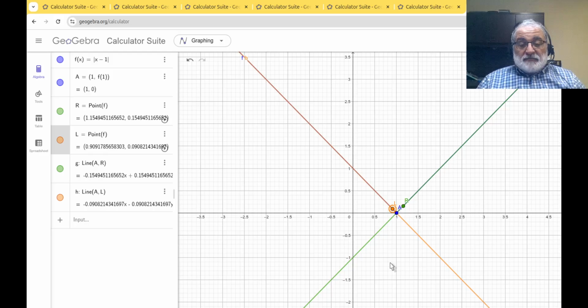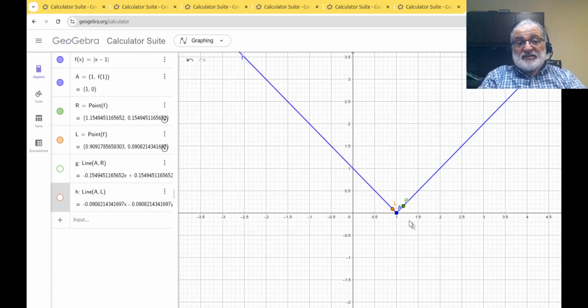The limit doesn't exist because approaching from the left is not the same as approaching from the right. Therefore, the derivative at this point A over there, well, I hid the lines, yes, the derivative at this point A does not exist because of that, right?